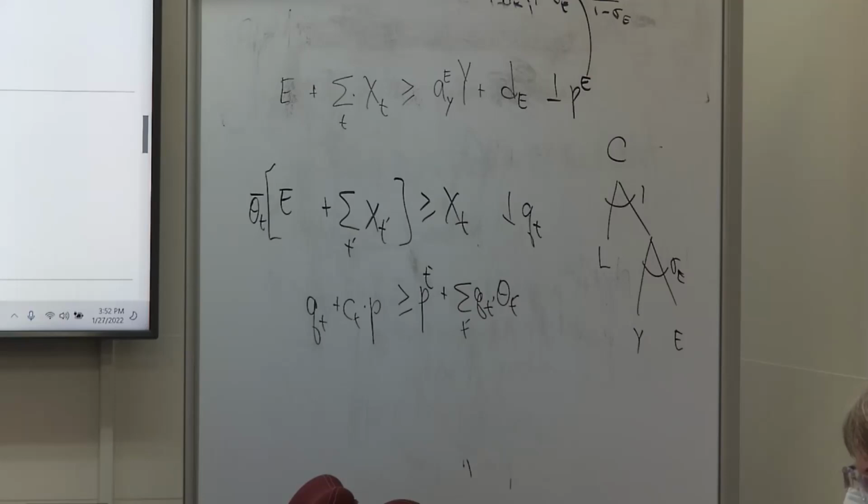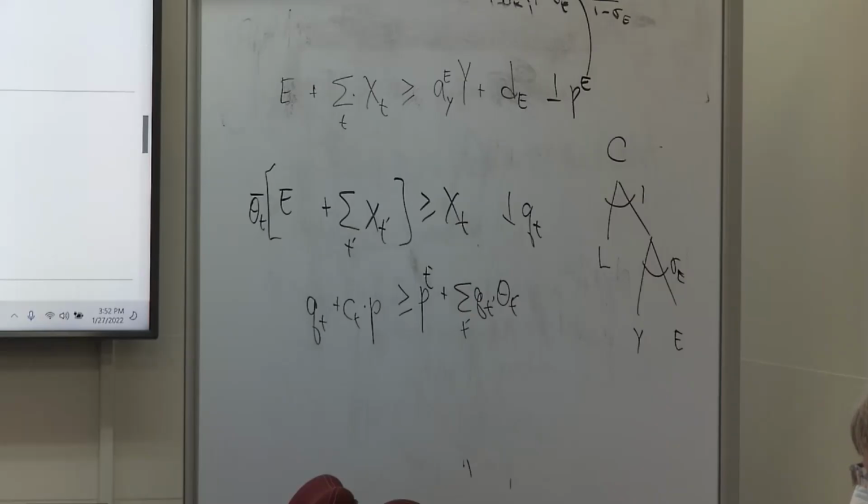P times, do we have a C already? I can't remember if we have a C. Maybe we'll call it C as an XI.